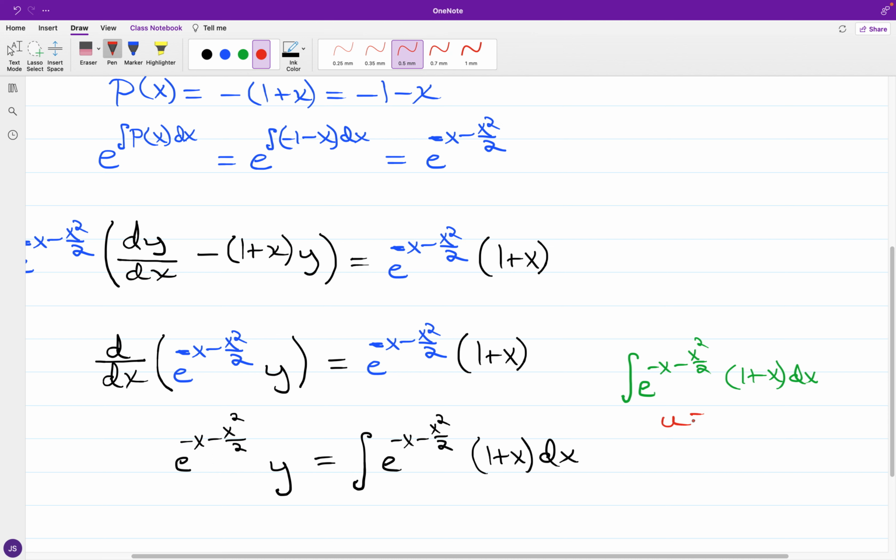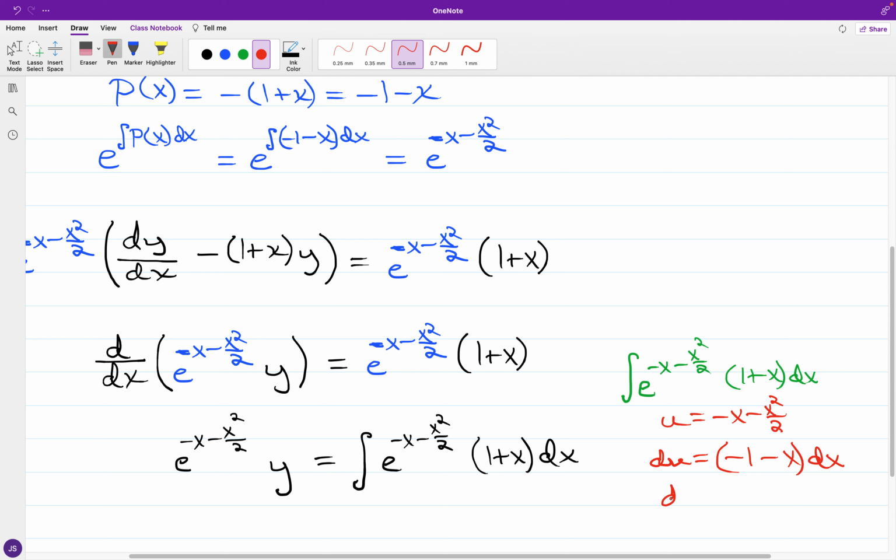And I can set u equal to the exponent to which e is raised. Taking the differential on both sides, I have negative 1, and minus 2x over 2, so you have negative 1 minus x quantity dx.